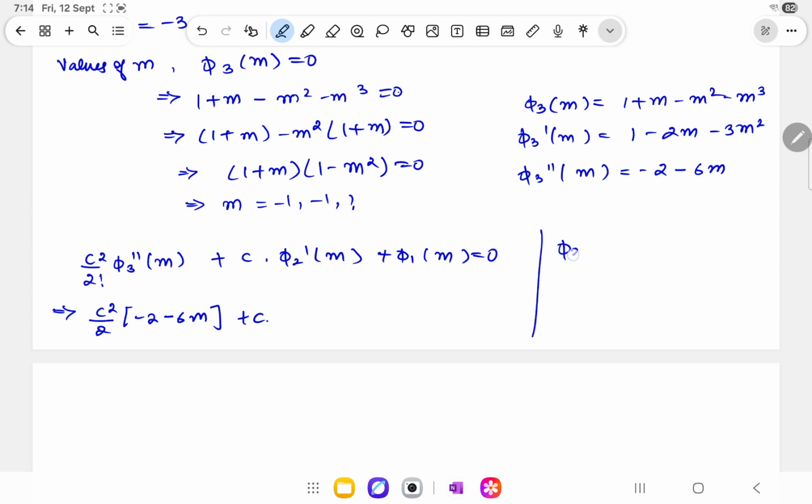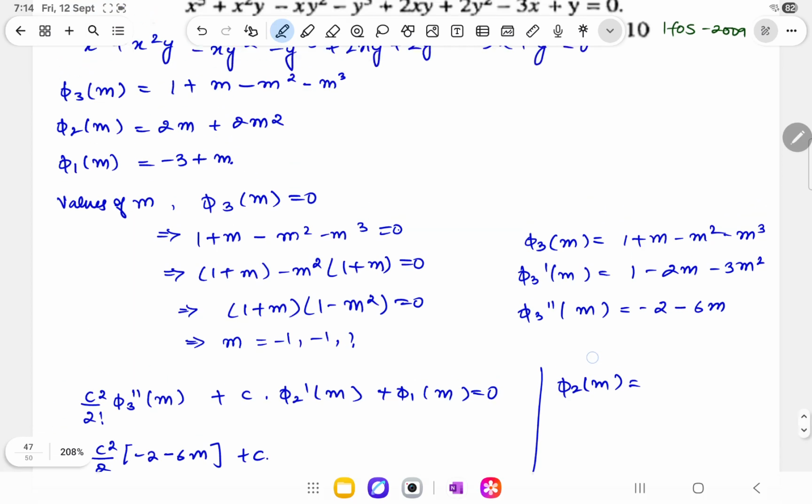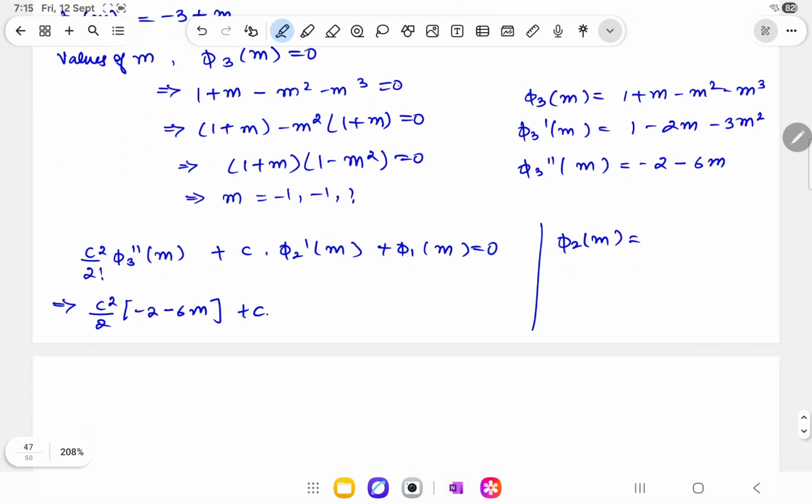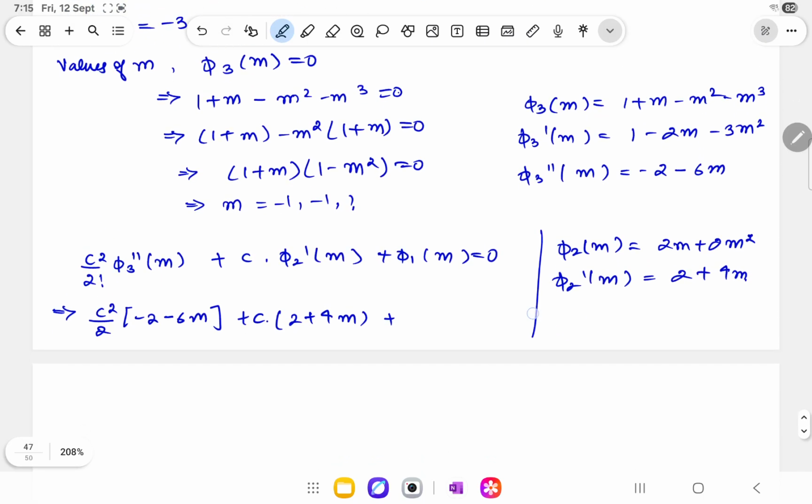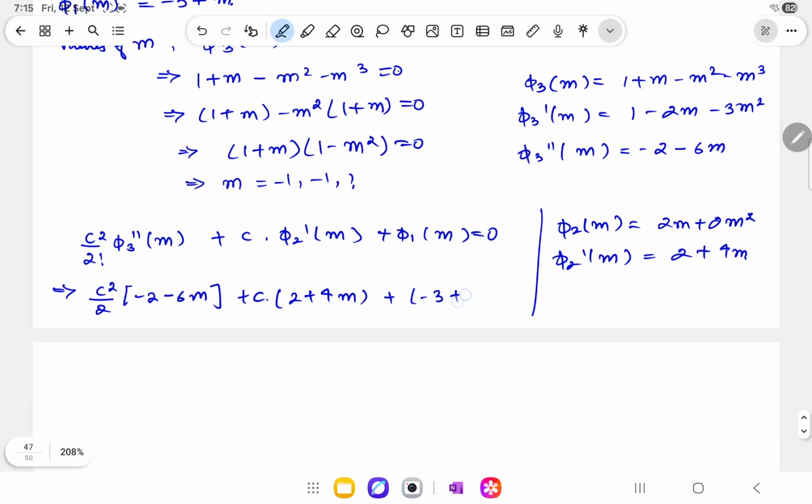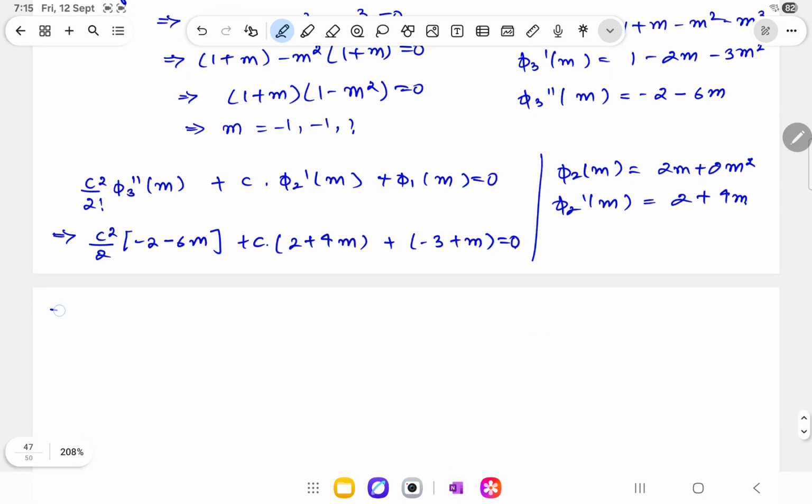So phi 3 double dash m is minus 2 minus 6m, plus c into phi 2 dash m. Phi 2m is 2m plus 2m square, and if I take its derivative, I'll get 2 plus 4m, plus phi 1m, my phi 1 is minus 3 plus m, equals 0. Now I can solve this equation for different values of m.